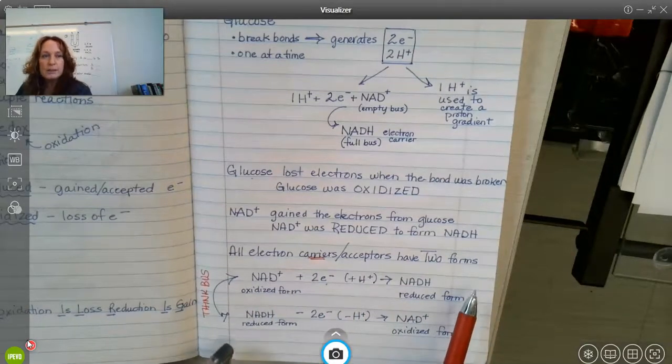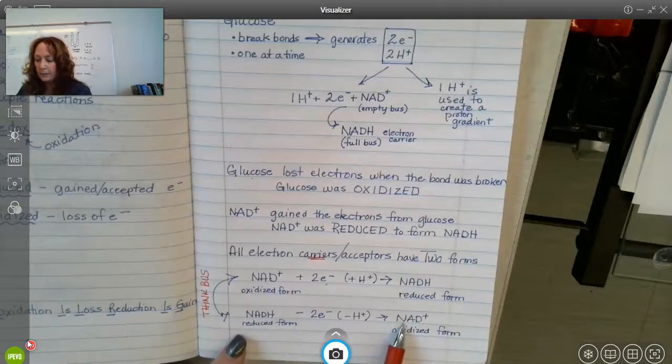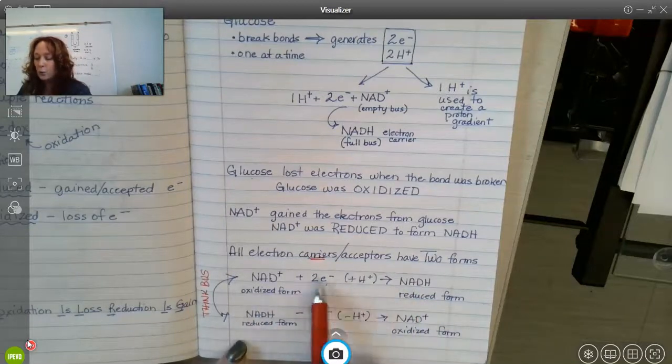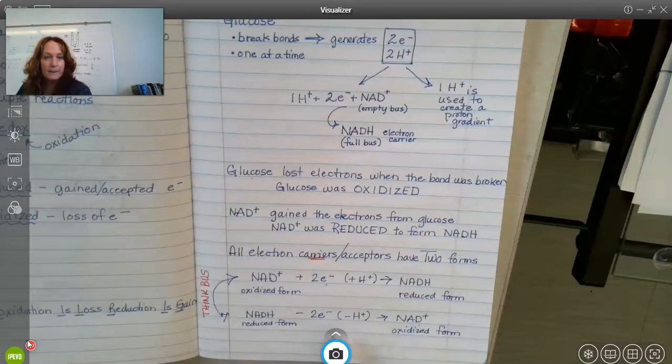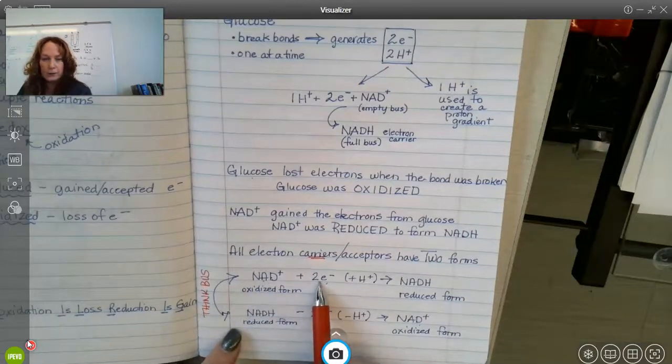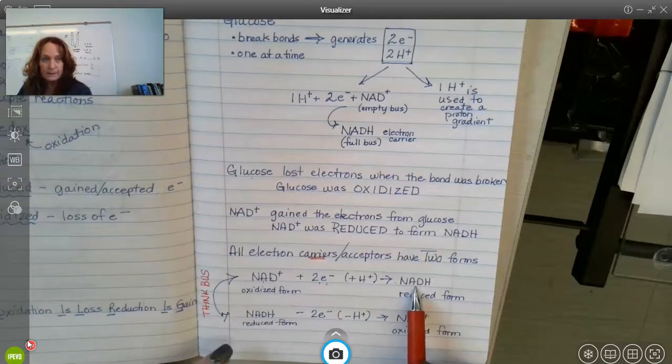It's just as important to empty the bus as it is to fill the bus. There has to be this regeneration of the empty bus. That is crucial. So if you have NAD and you've got electrons, you're going to form NADH, full buses.